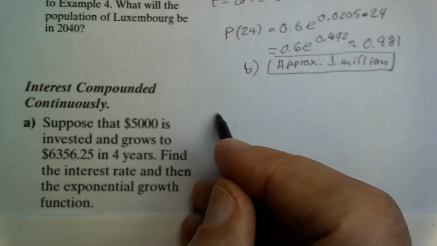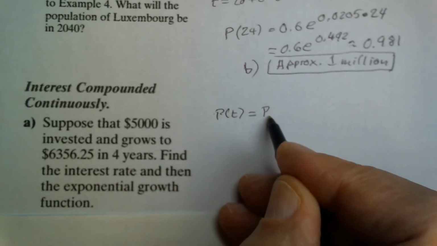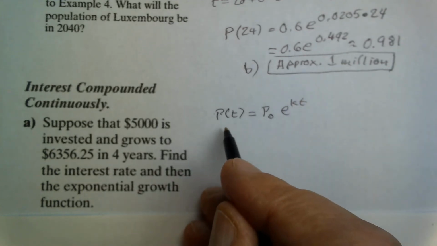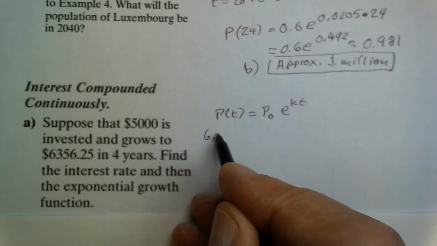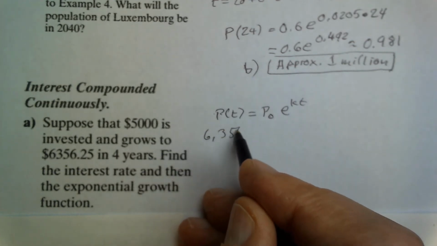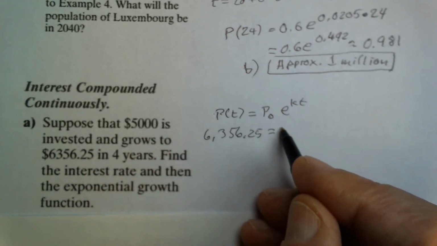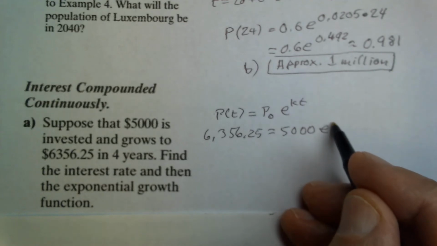The growth function is P of t equals P sub 0 e to the kt. So we know that after 4 years the amount is 6,356.25, and we began with 5,000, that's P sub 0, 5,000, e to the k.